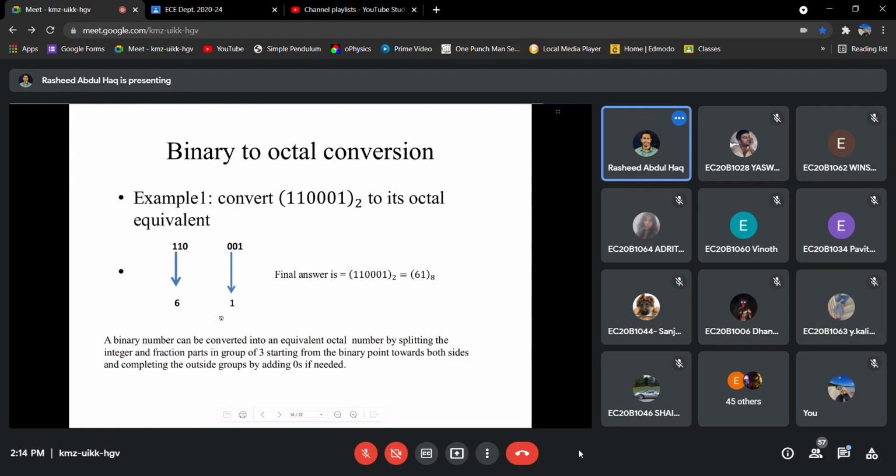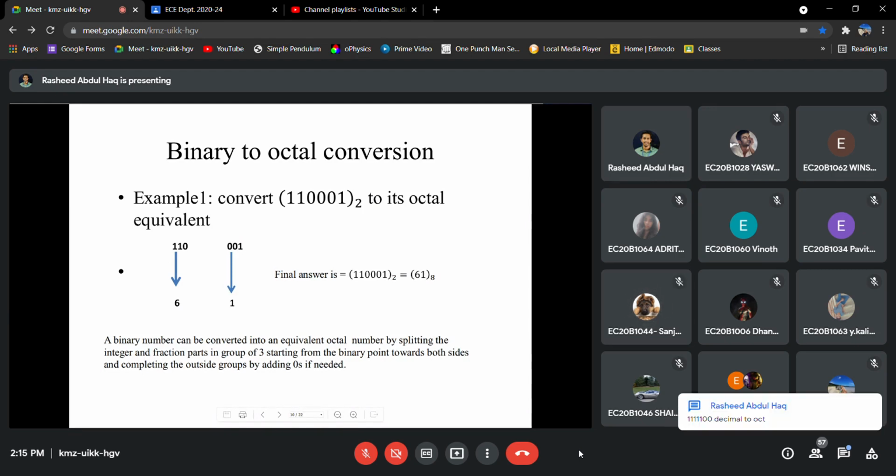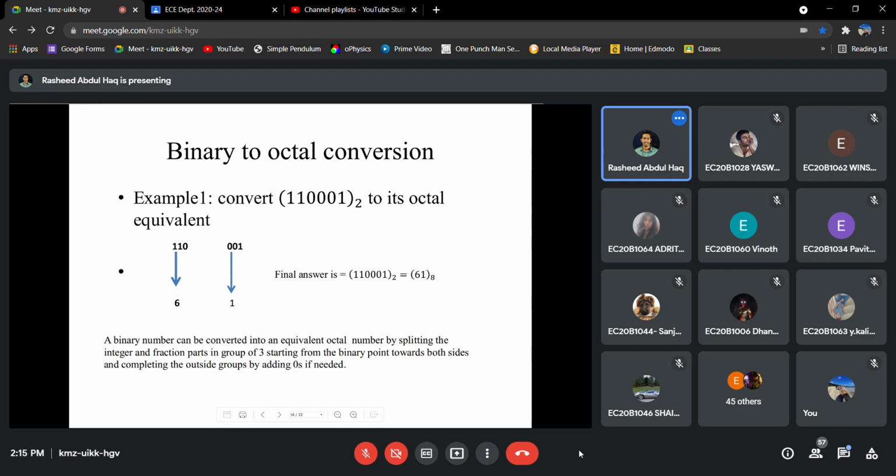Can you convert that into octal? 5 ones and 2 zeros, total 7 digits. Sir, 174. Octal it is 174, right? Correct. Can you convert the same to decimal?